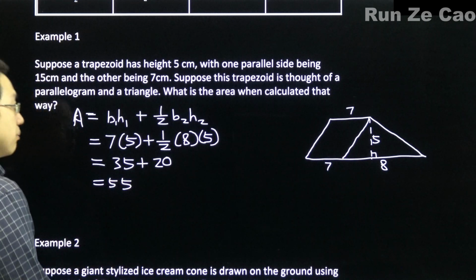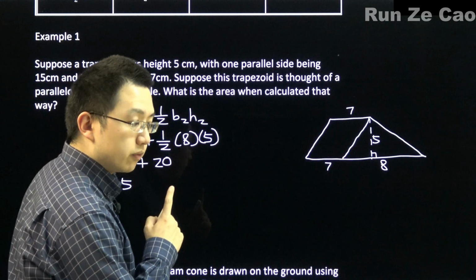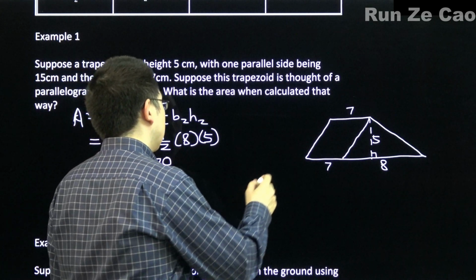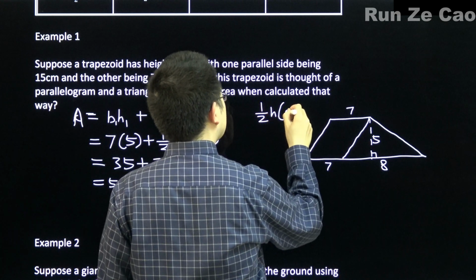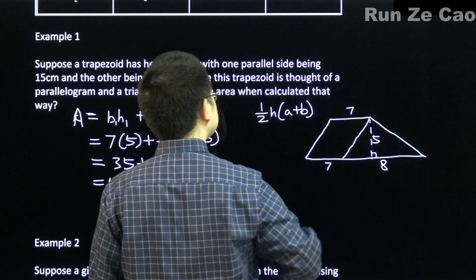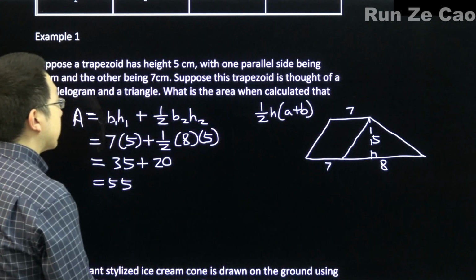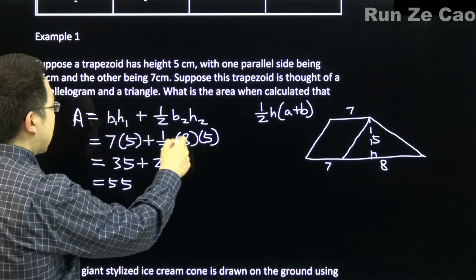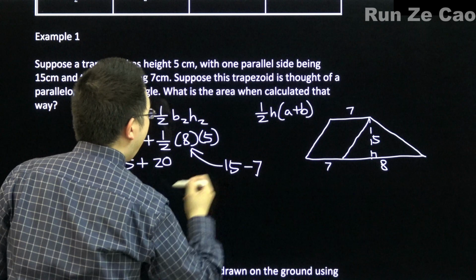What part of this is compatible with the formula we know for trapezoids, where it's 1/2 height times A plus B? Oh, wait a second. Where is this 8 coming from? This is 15 minus 7. Whoa, okay.